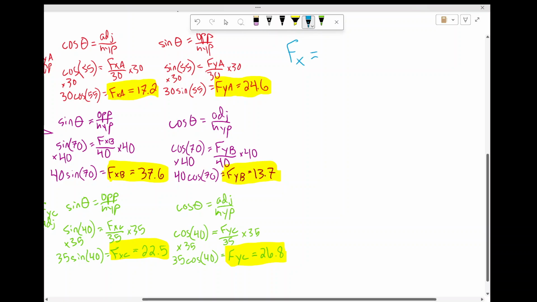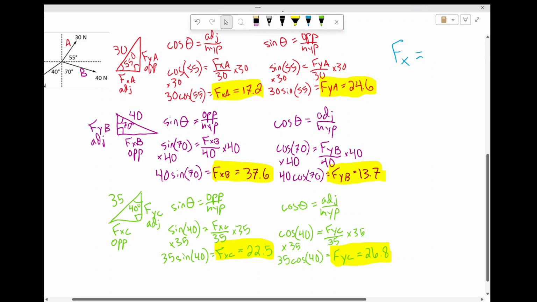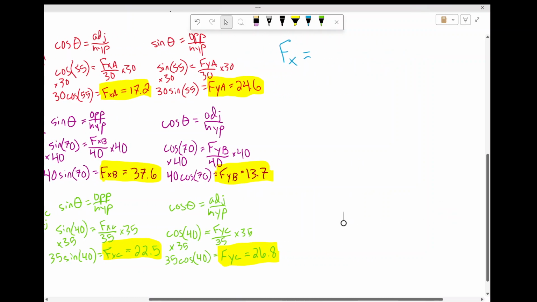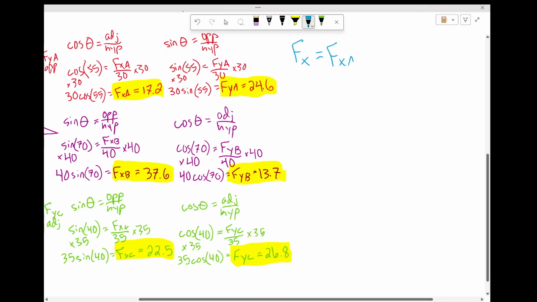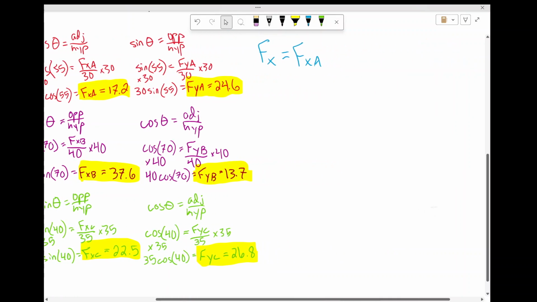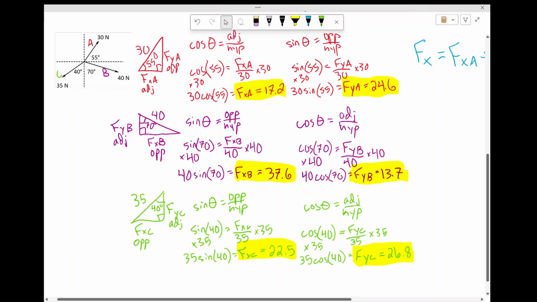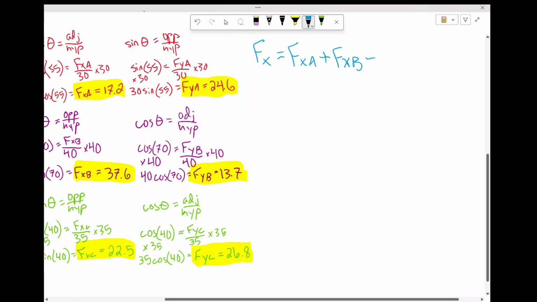So Fx is going to be, now we need to pay close attention to the signs. So Fxa is going to be positive, so we'll do Fxa. Fxb is also positive, so we'll do plus Fxb. And then Fxc is negative, so minus Fxc.